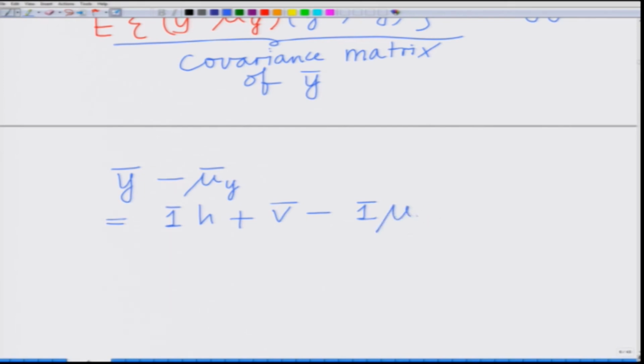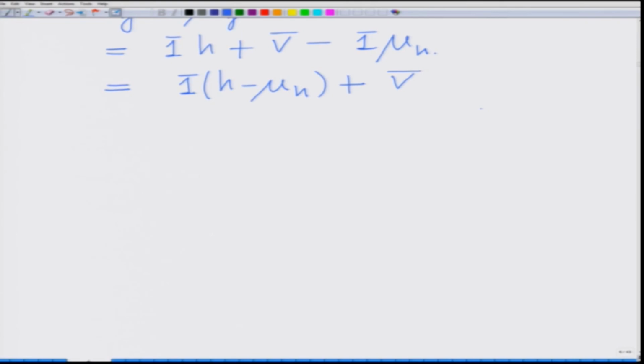That is what we have derived. So, I have 1 bar into h minus mu h plus v bar. So, this is your quantity y bar minus mu bar y.